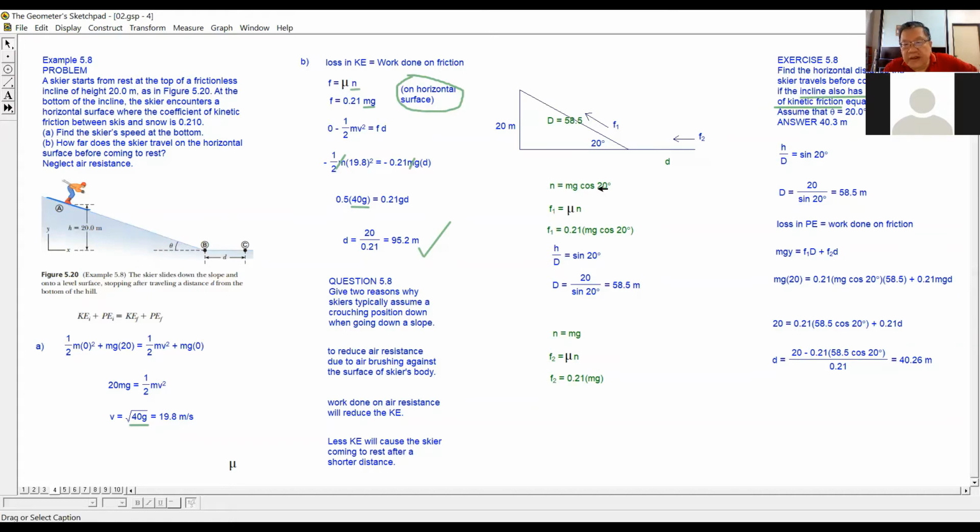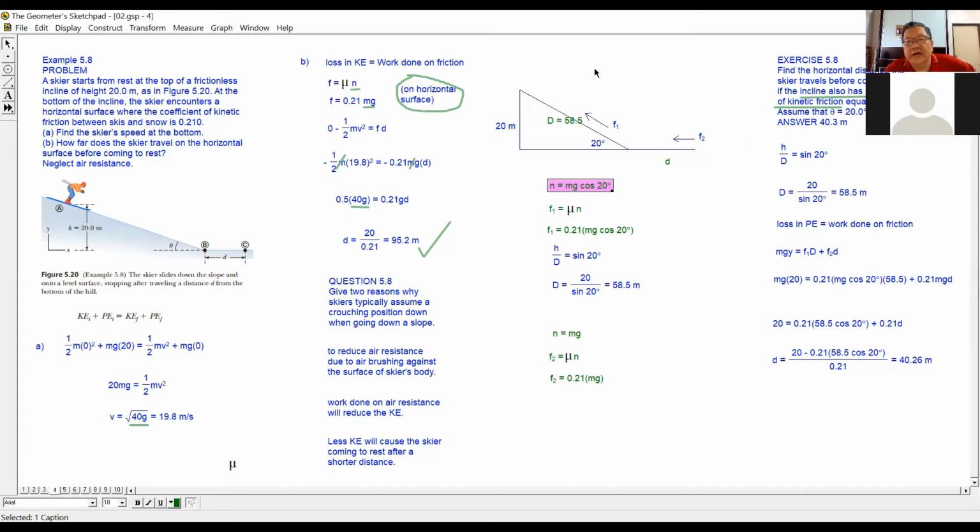As we have learned earlier, the normal reaction is mg cos theta, here mg cos 20 degrees.